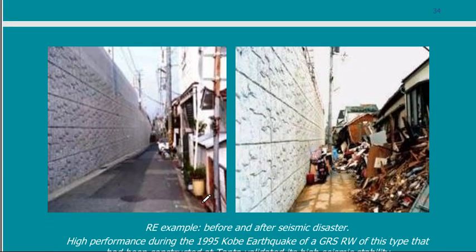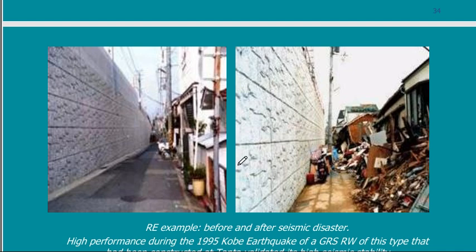Of course, all of these are examples. This is a comparative example in Japan after the Kobe earthquake. This is a wall and this is a building. This is before and this is after the earthquake. The wall stood in place, nothing happened to it, and the building was demolished, shredded into pieces.